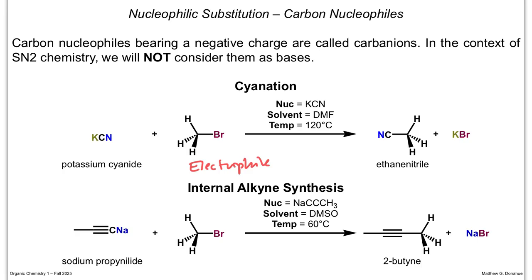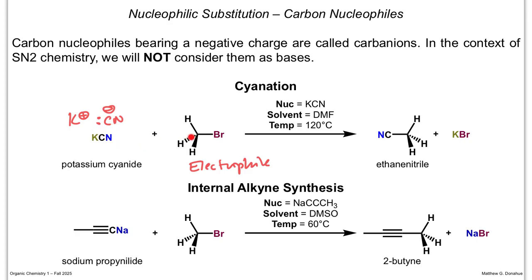In the first reaction on this slide, which is showing carbon nucleophiles, so that's a negatively charged carbon atom, potassium cyanide is a good nucleophile because it has the metal in the ionic anion form.